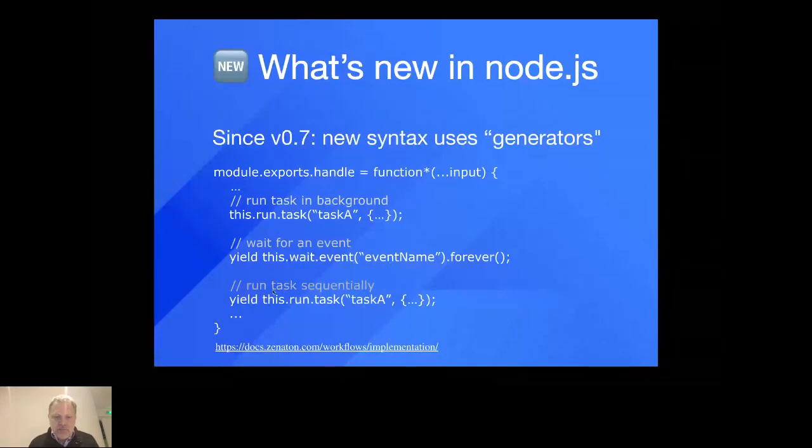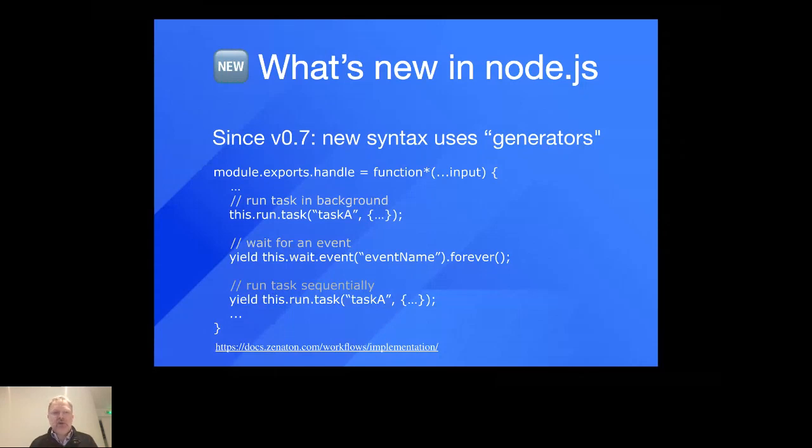But as soon as I receive the event, I'm going to start task A again and wait for its completion before going further, because I have this yield keyword. If you are not aware of what a generator function is, it can seem complicated, but it's very simple. Just have a look. As soon as you have some examples, it's very easy to use.